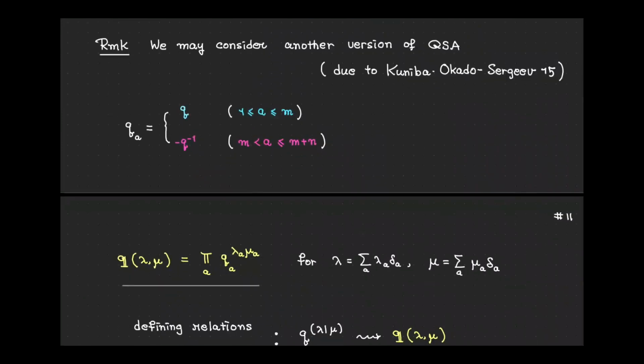First, let me introduce this kind of q variable, q_a, parameterized by our index a. When the index is even, it is q, and in the other case, minus q inverse. Basically I want to control the minus signs more easily when studying super representations.